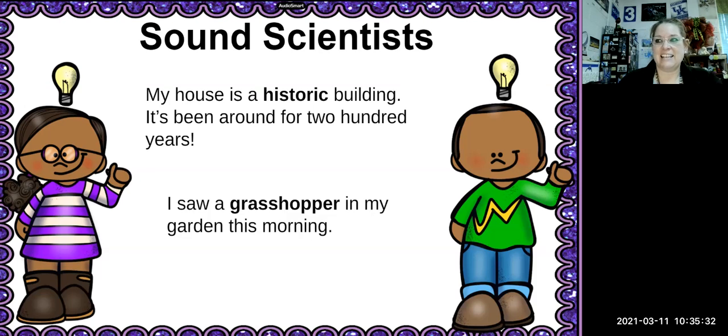It is an insect that hops around and lives in the grass. So, how do the words grass and hopper help us understand what a grasshopper is? How do we take those two words and make it into a compound word?